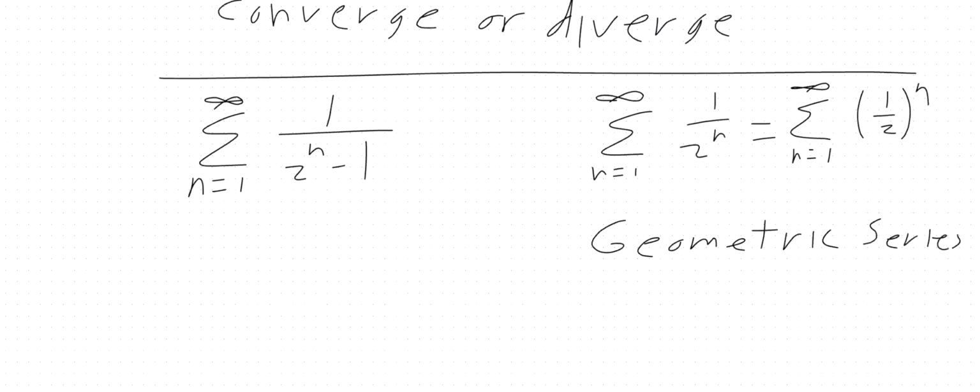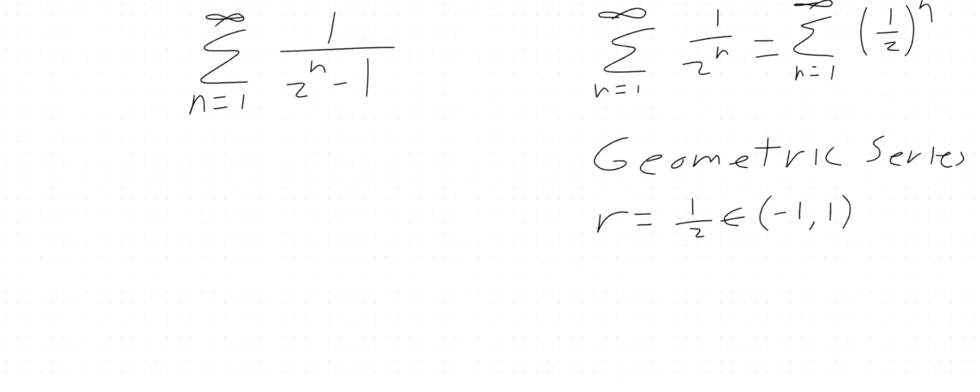Our r is 1/2, which is between -1 and 1. So it will converge. So therefore, if we do the correct comparison with our 1/2 to the n minus 1, it should also converge.